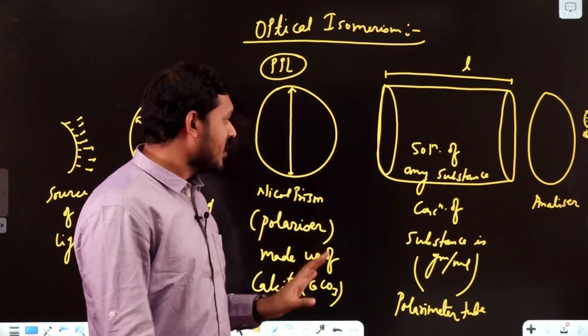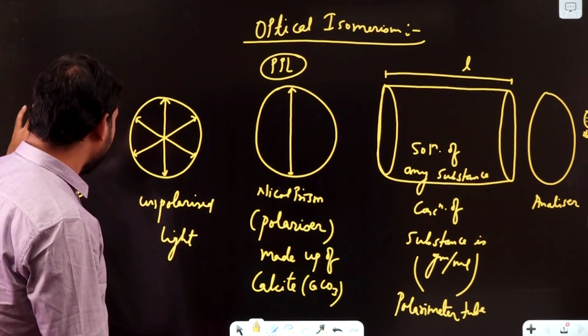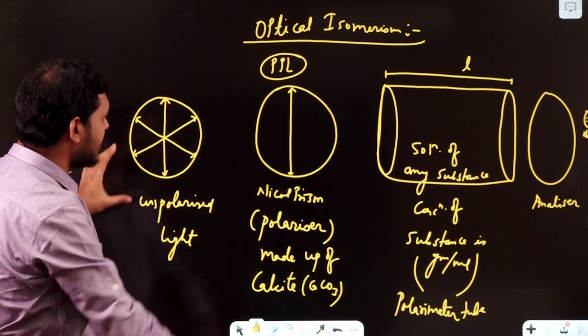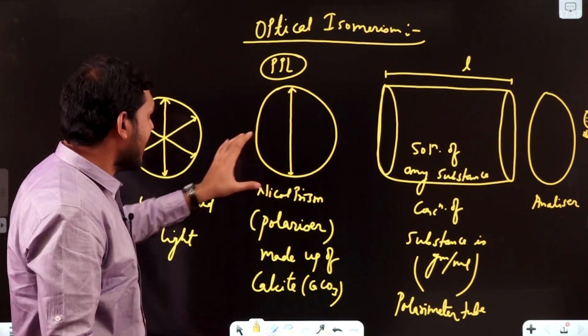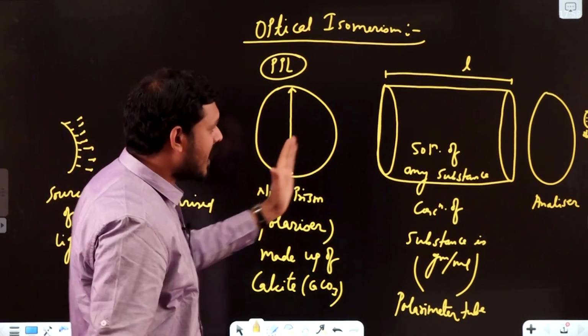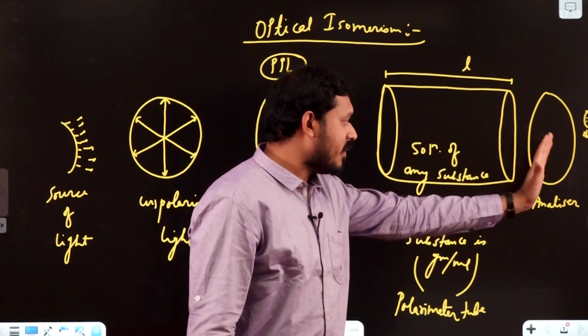Clear? Okay. So again, let me say, from the source of light we have unpolarized light which has oscillations in all the directions. With the help of a polarizer we get plane polarized light, meaning the light is polarized in a particular plane. It is passed through the substance under observation, and here we have the analyzer.